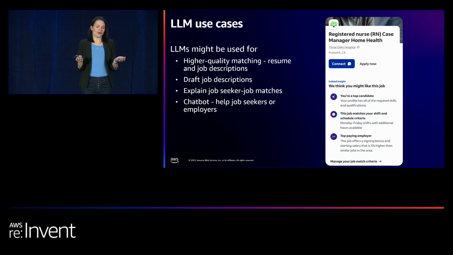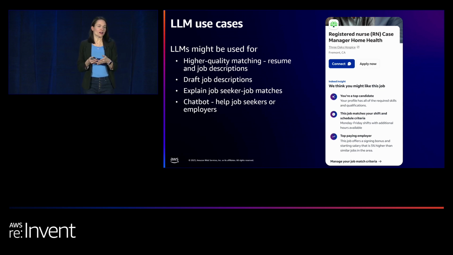So that's a classification approach, but we also are using it for generative reasons, such as maybe drafting job descriptions, helping out employers. We might use it to explain job seeker job matches. So you guys might see this example that we have here. This is something that a job seeker might see. This is a job that some sort of matching algorithm has determined is a good match for them.